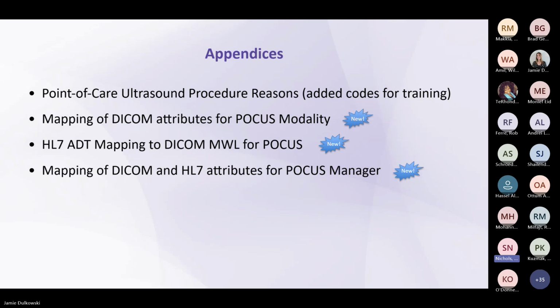Although the profile doesn't specify a way to create the modality worklist, ADT seems to be the most common method that's used. So we created an informational mapping to help implementers with that. And then we have a similar mapping on the reporting side of DICOM to HL7 for reporting, so that we can ensure metadata consistency across DICOM and HL7. Next slide.